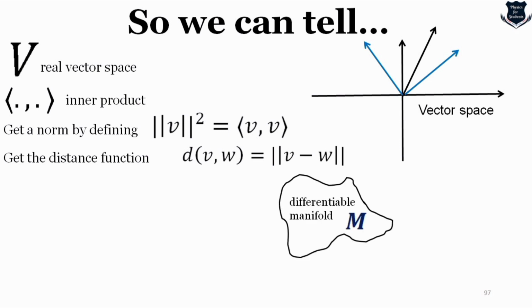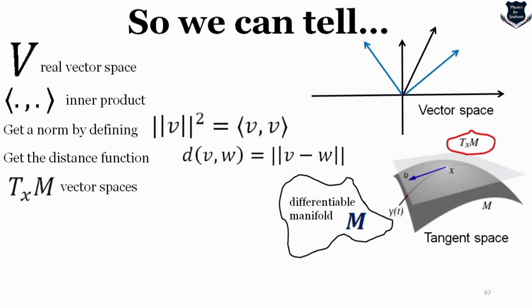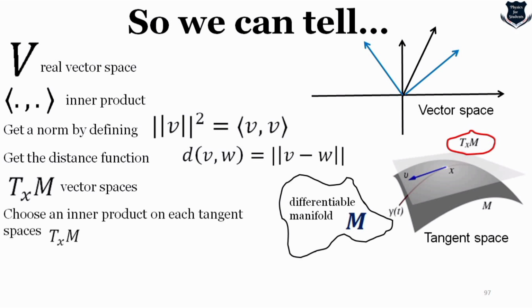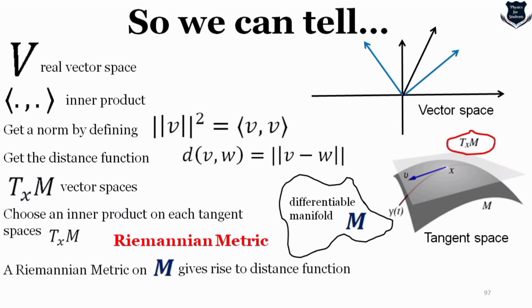So here is M, a differentiable manifold, and its tangent spaces, T_pM, are vector spaces. We choose an inner product on each tangent space T_pM, and such a choice is called a Riemannian metric. So we choose this one, and what we get is a Riemannian metric on M. And a Riemannian metric on M gives rise to a distance function on M.